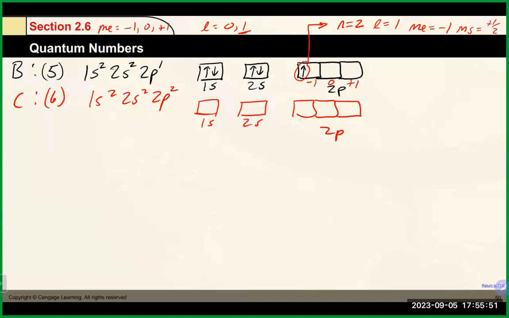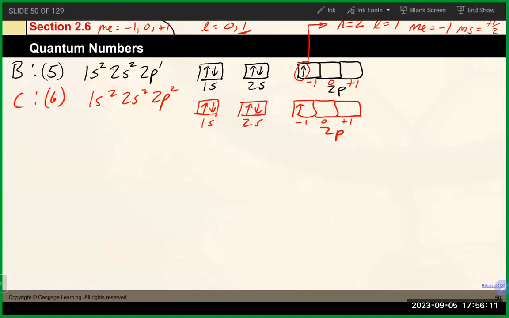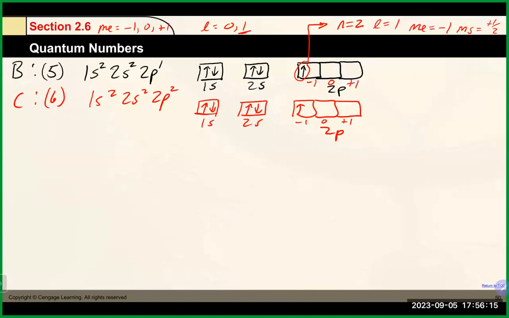Now we will go up, we will go down, we'll go up, we'll go down, we go up. So now we do have some options as to where we could put that last electron. We could either pair it up there in the first box, or we could go next door. And there is a rule that we follow here, which is sometimes referred to as Hund's rule.